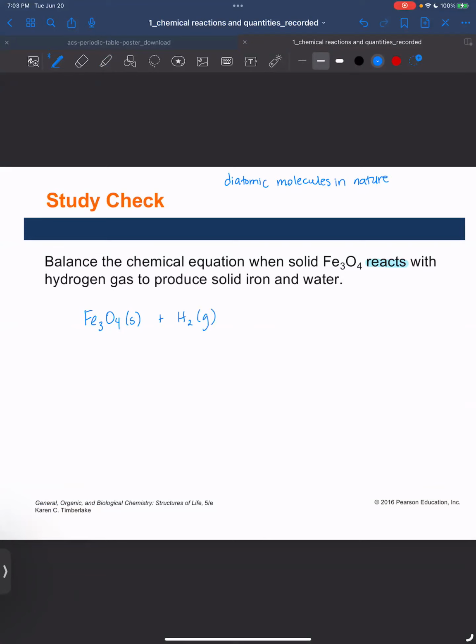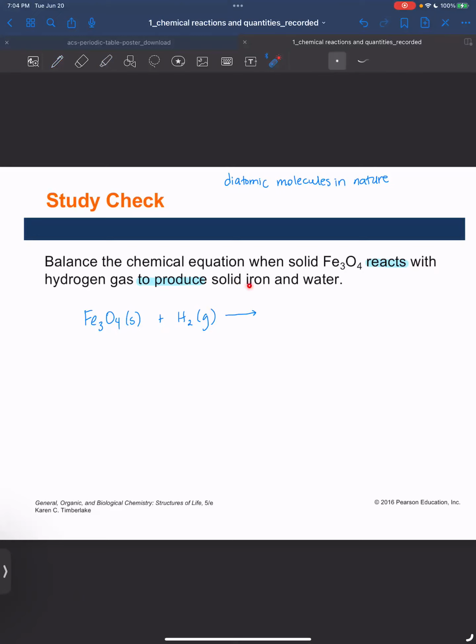So when our ionic compound here, Fe3O4, reacts with hydrogen gas, it's not reacting with just a hydrogen atom, but H2. And then the second keyword to know when to draw the arrow is when you see to produce. So to produce, you would draw an arrow to indicate, okay, now I'm forming my products here.